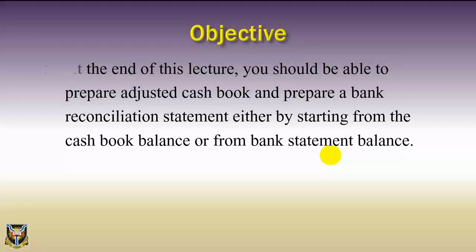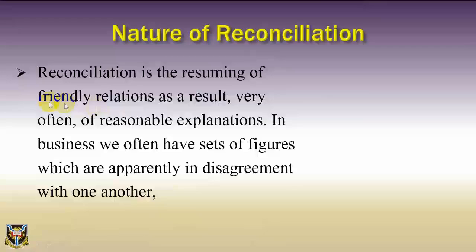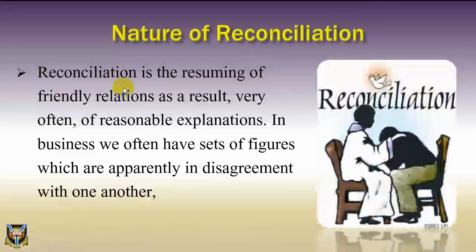Content. A. Nature of reconciliation. If two friends quarrel or fail to agree about some matter, the disagreement may temporarily end the friendship between them. When they become friends again, we say they have reconciled with one another.